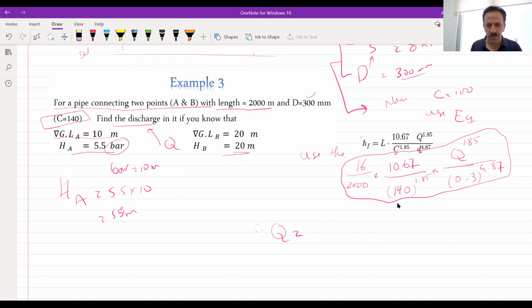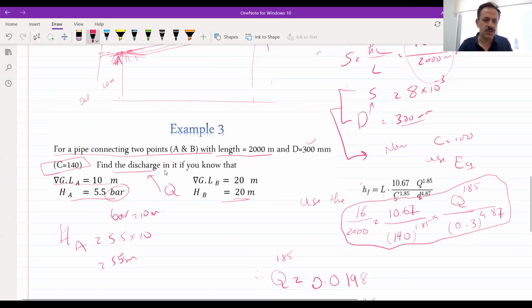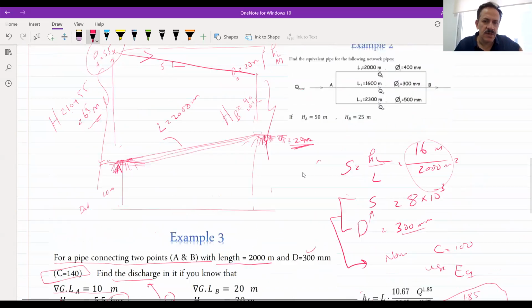So Q power 1.85 is equal to 0.0198. Now what I will do, I will reverse, I will say power 1 divided by 1.85. So the Q will be equal to 0.1203 meter cube per second. This is the flow, so the flow in this part will be equal to this much. In case you don't have this value of C, you can easily use this number.